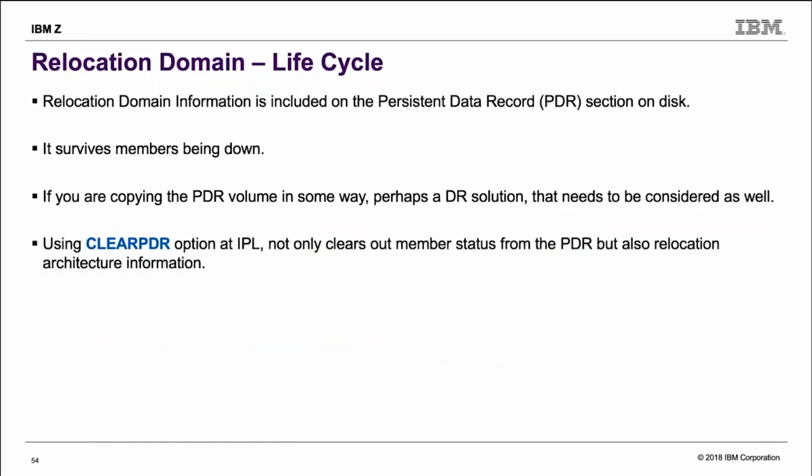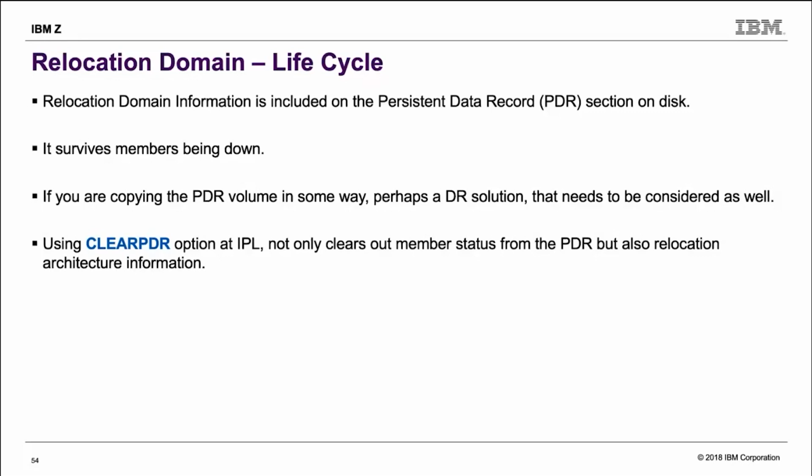So one thing we have to consider is that because we keep domain information in the PDR, if we copy that PDR volume in some way, let's say to create or mirror an existing SSI cluster, or maybe for DR purposes, we need to consider how that domain information would play out.